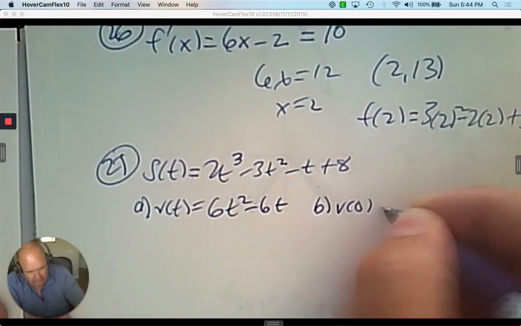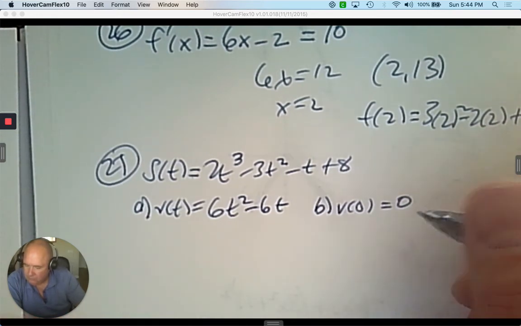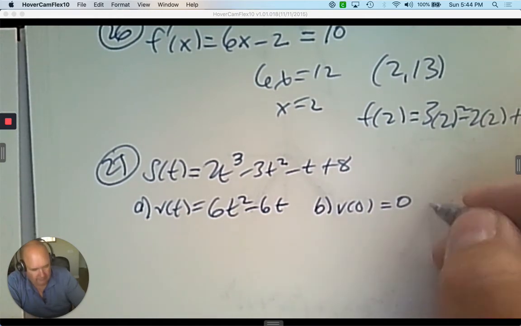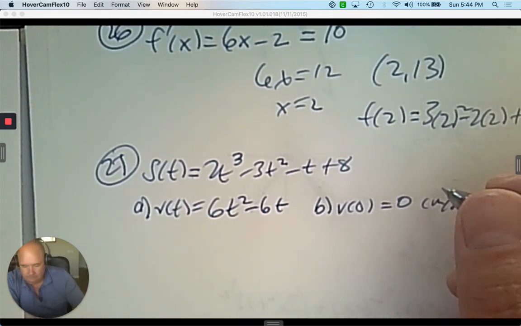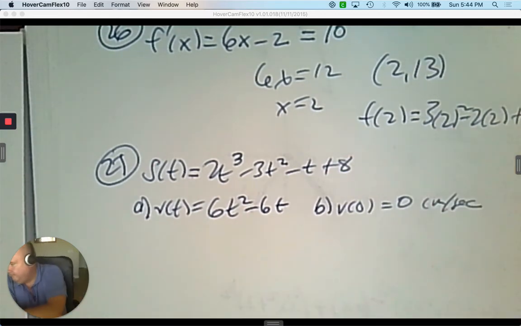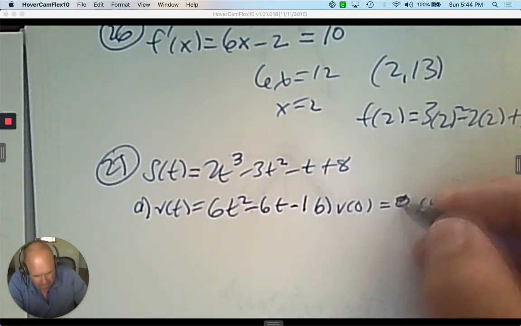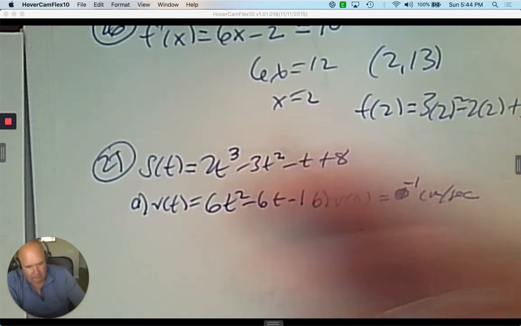That's when you plug in 0, and you get 0, and it's centimeters per second. Right? Did I forget one? Oh, negative t is -1. So when you plug it in, you get -1. And 8 is 0.